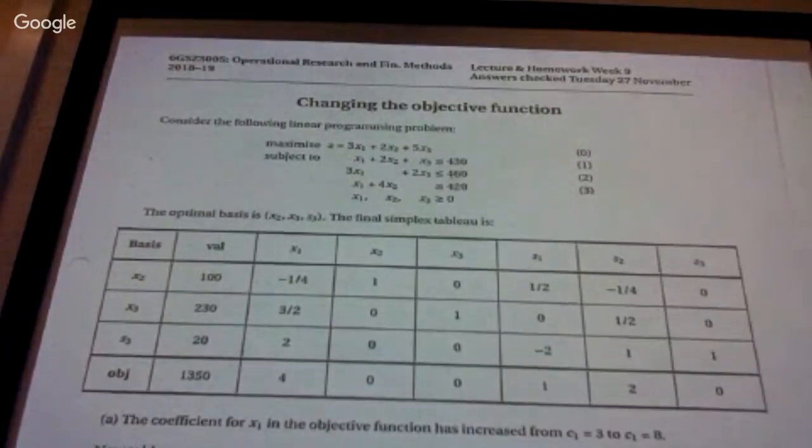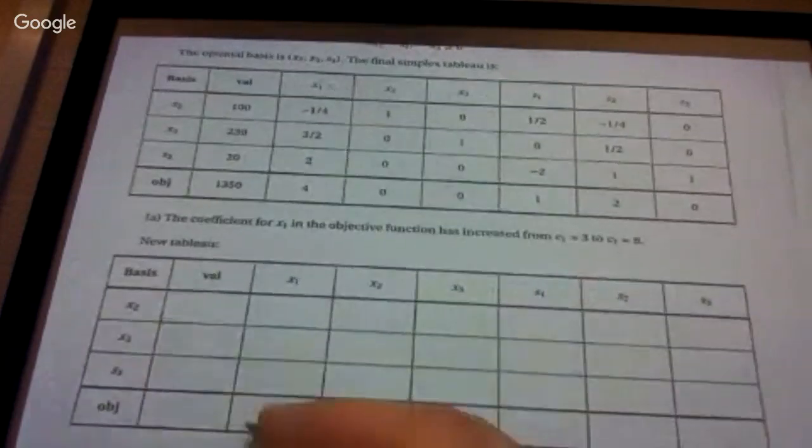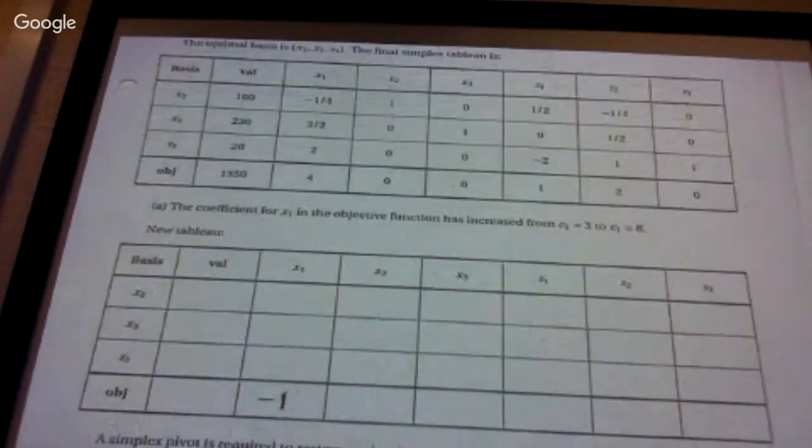So now instead of taking away 3, we'll be taking away 8, which means this is going to go down by 5, isn't it? So the only thing that's really going to change is this is going to be -1. The coefficient increased by 5 in the objective, so the corresponding entry decreases by 5 in the tableau.